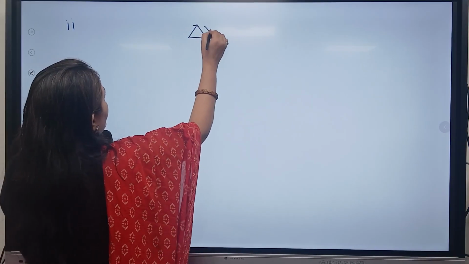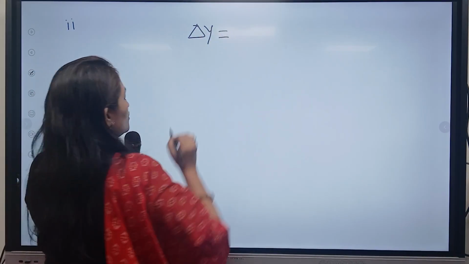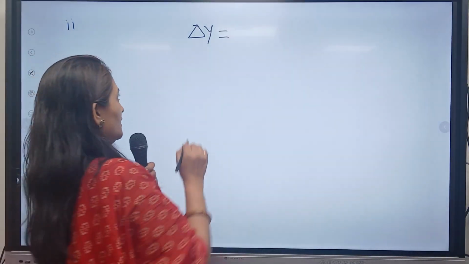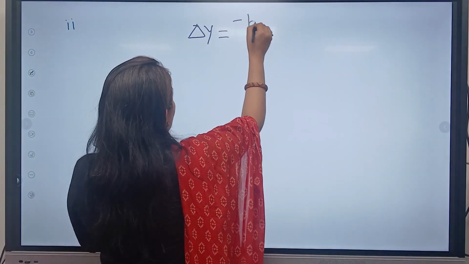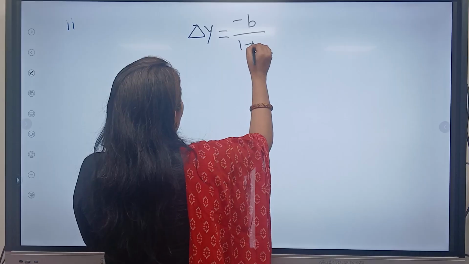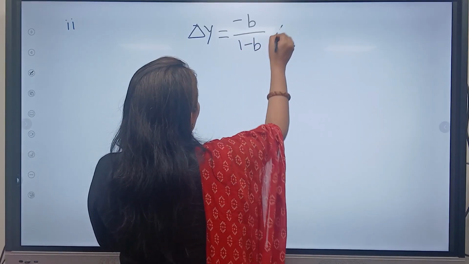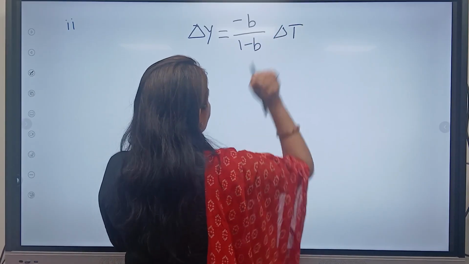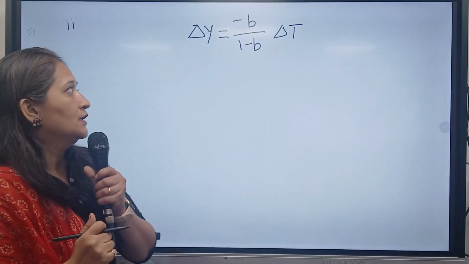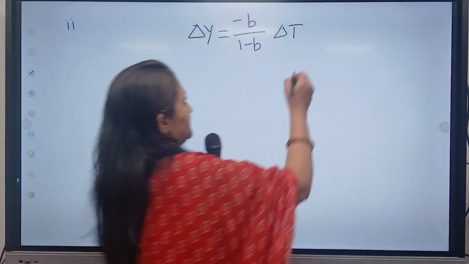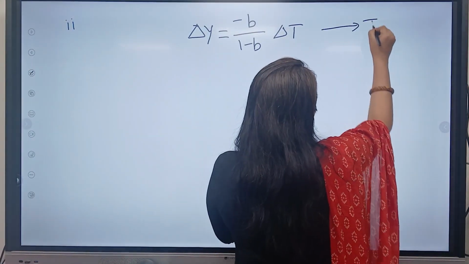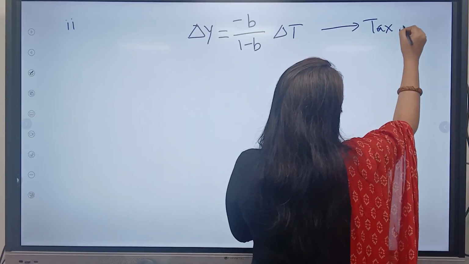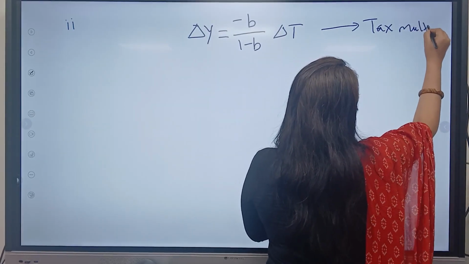Delta Y is equal to minus B upon 1 minus B into delta T. This is the formula for the tax multiplier.